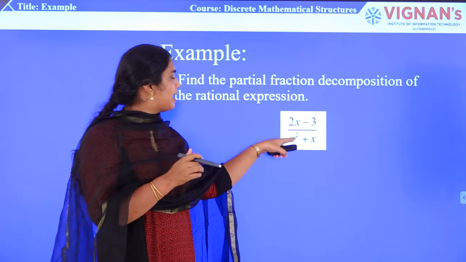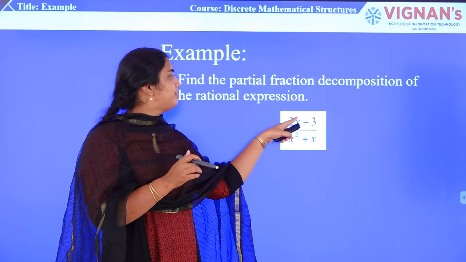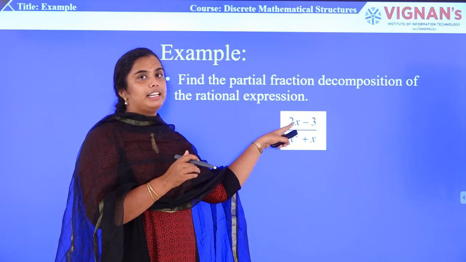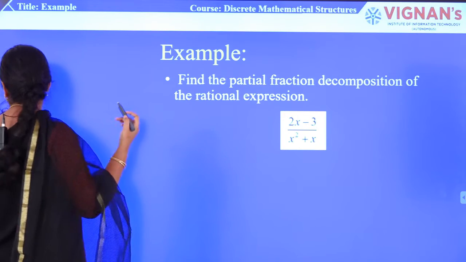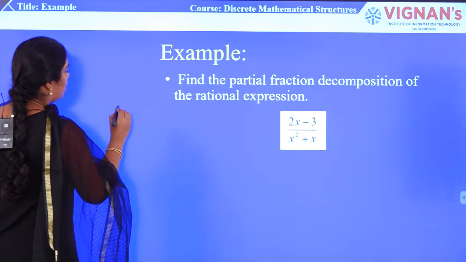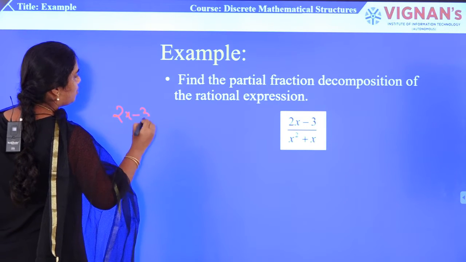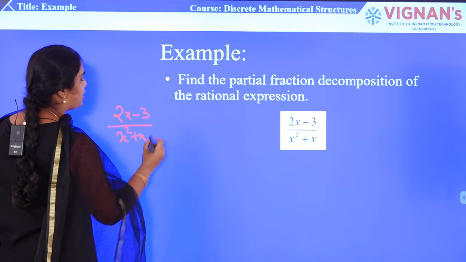Here the highest power of the denominator is 2, whereas the highest power of the numerator is 1. So for this rational expression, I need to calculate the partial fraction: (2x minus 3) by (x square plus x). This is the expression which we are given.